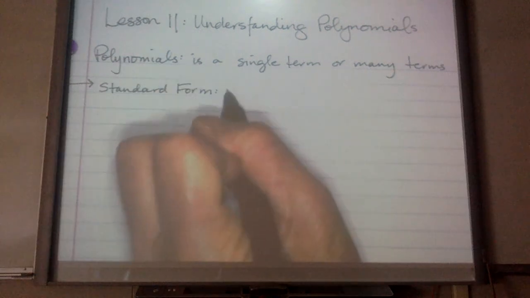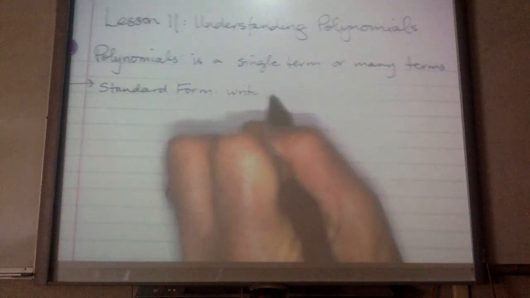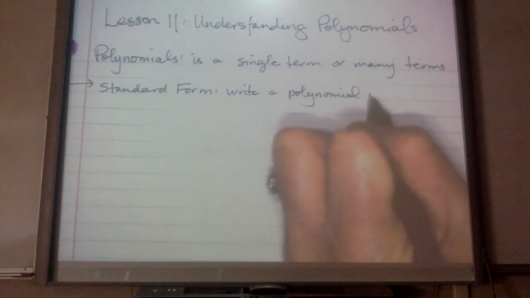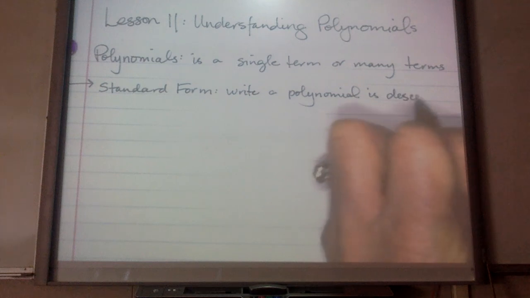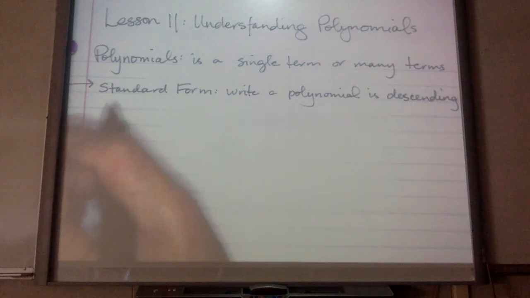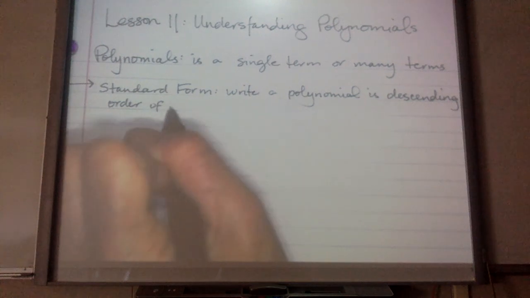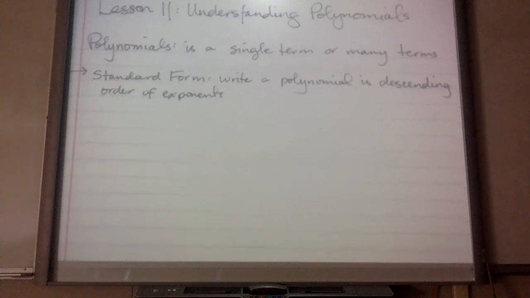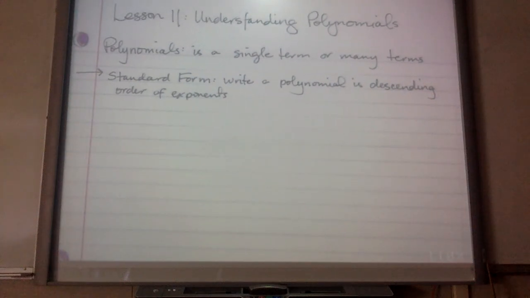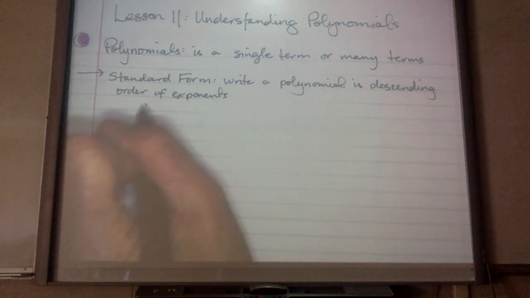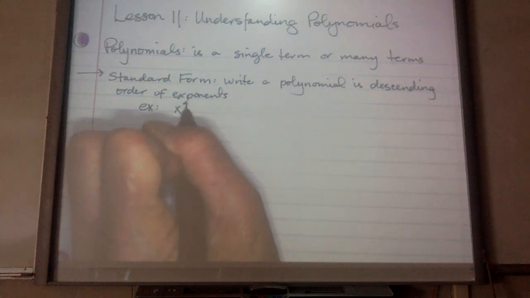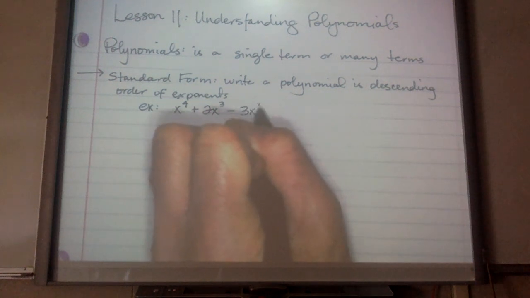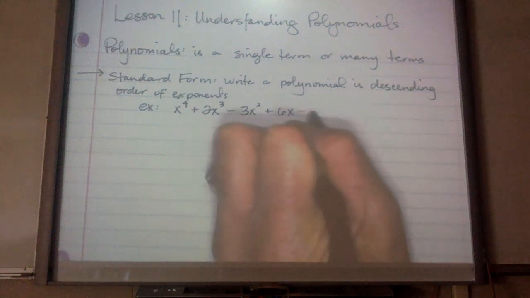Standard form is when we write a polynomial in descending order of exponents. Okay? And I will show you what I mean by that in a second. So for example, x to the fourth plus 2x cubed minus 3x squared plus 6x minus 5.